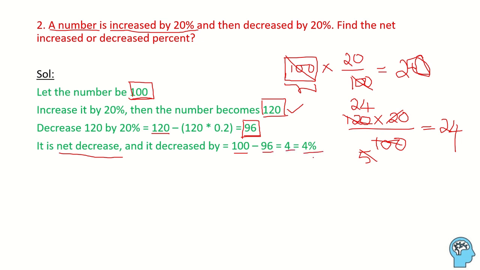So that is 4%. The net decrease will be 4%. Okay, so let's see the next problem in the next slide.